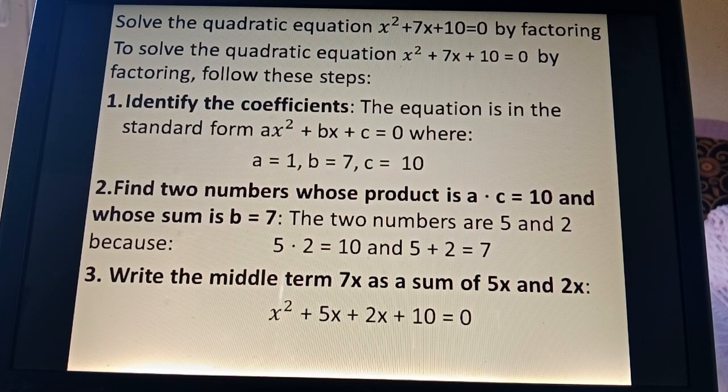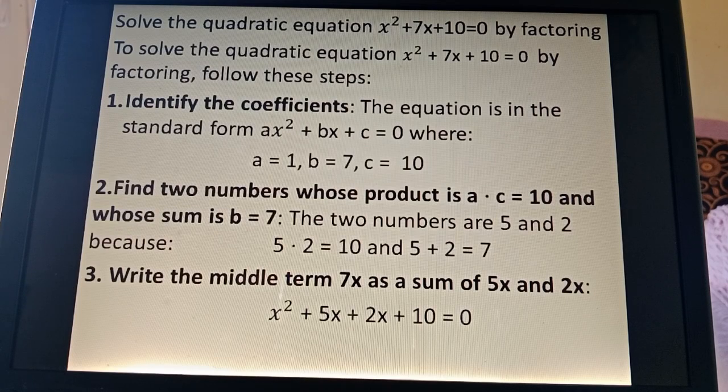Step number 3, write the middle term 7x as a sum of 5x and 2x, the two numbers you identified. So you split the middle term bx, which in our case is 7x, into the two numbers you have identified, which will give you the product and which will give you the sum.